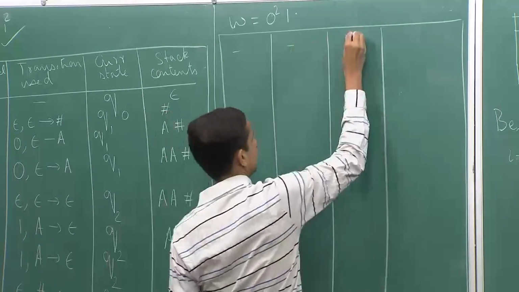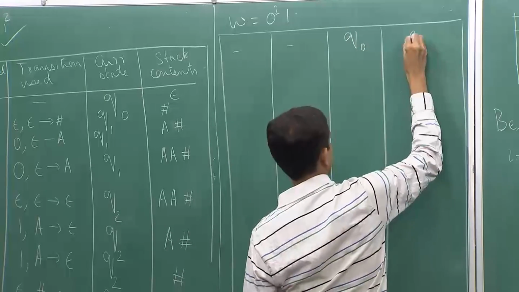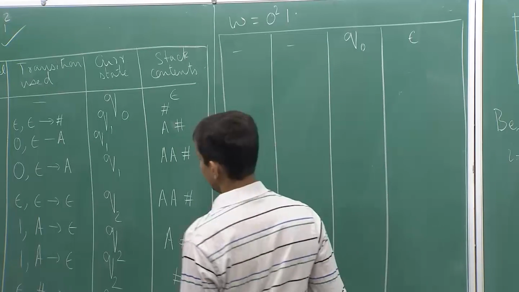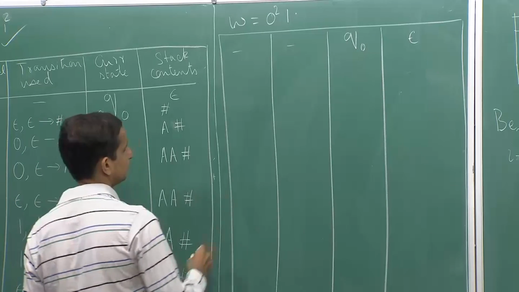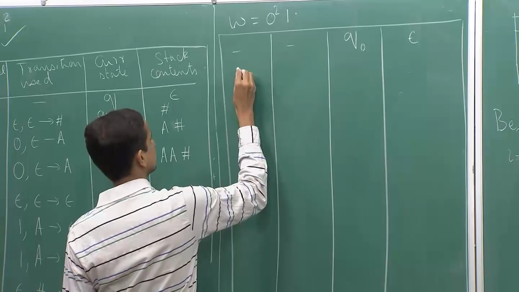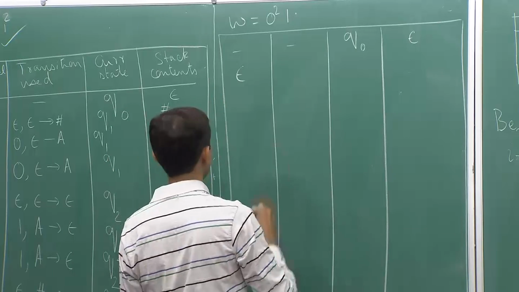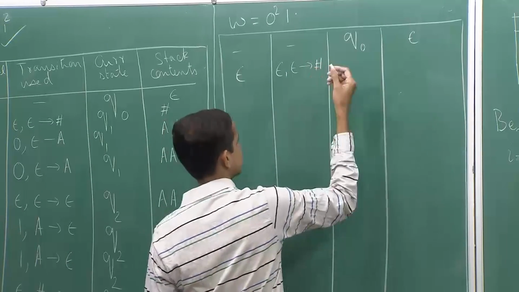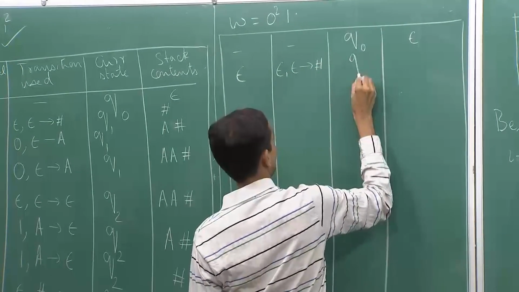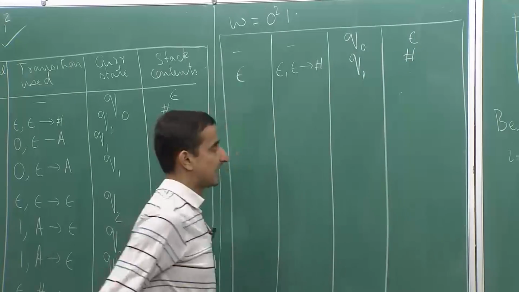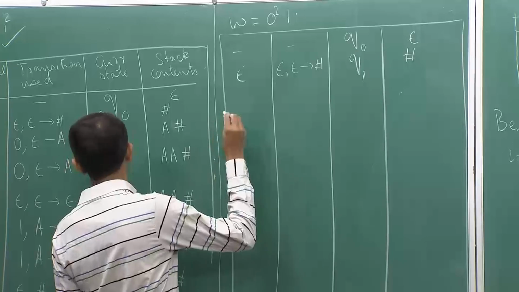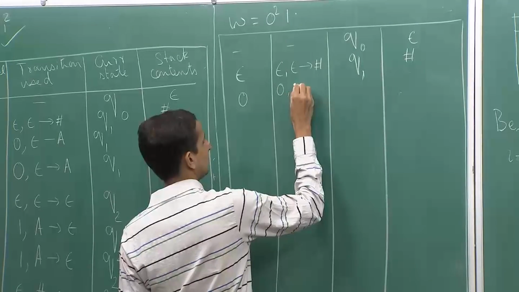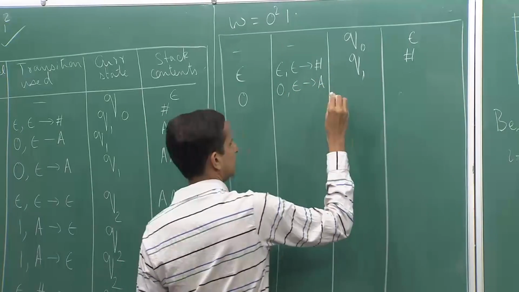Initially again I have Q0 and epsilon. On reading epsilon, I use the transition epsilon going from epsilon to hash, move to state Q1 and push a hash onto the stack. Then on reading 0, I use the transition 0 epsilon to A.